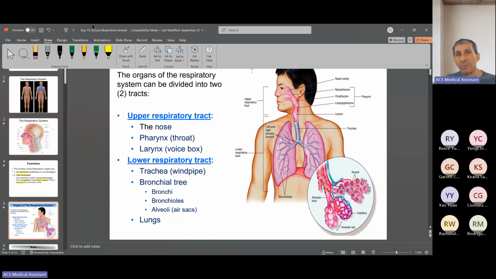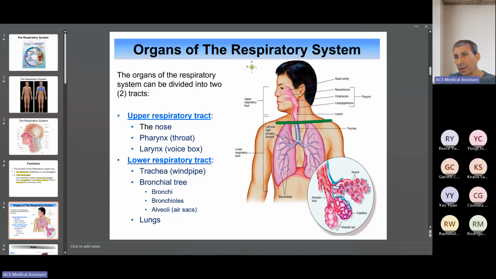So what makes up the upper respiratory system? Anything that is above the trachea. See? This part right here is called the upper respiratory system. The nose, the throat, the pharynx, the larynx, right here.